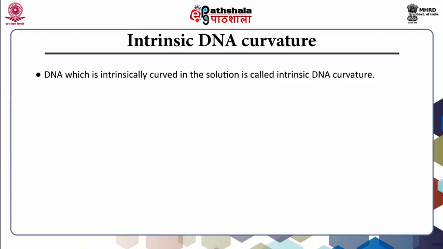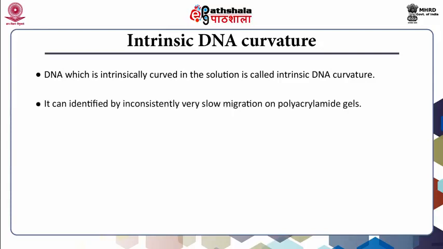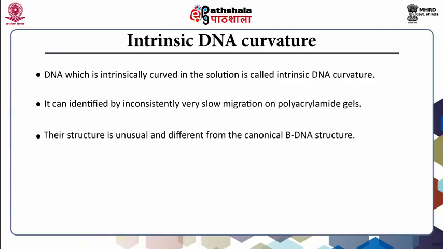DNA which is intrinsically curved in the solution is called intrinsic DNA curvature. It can be identified by inconsistently very slow migration on polyacrylamide gel. Their structure is unusual and different from canonical B-DNA structure.